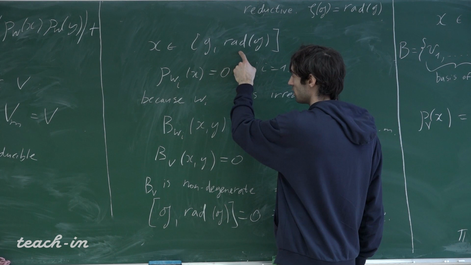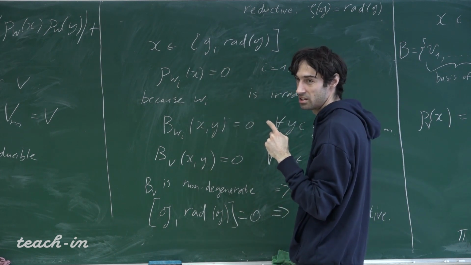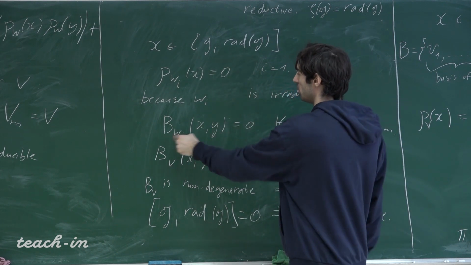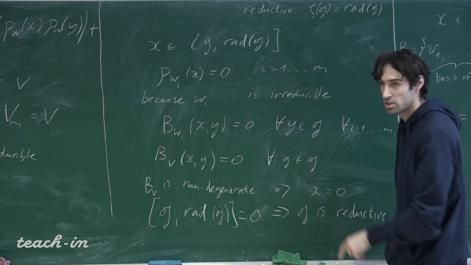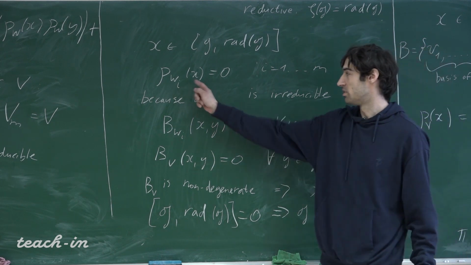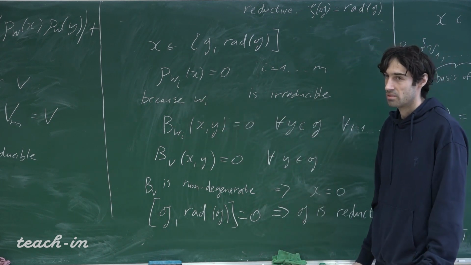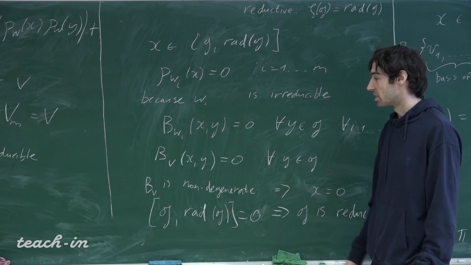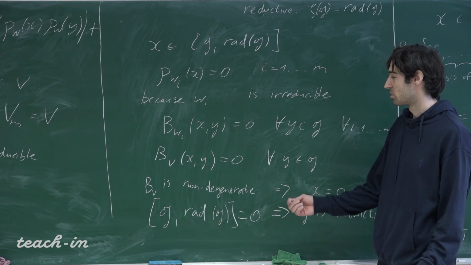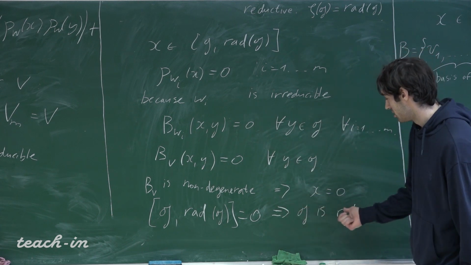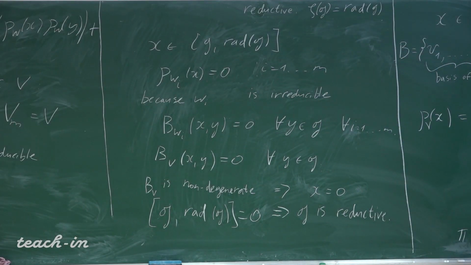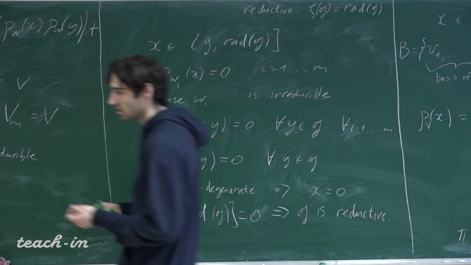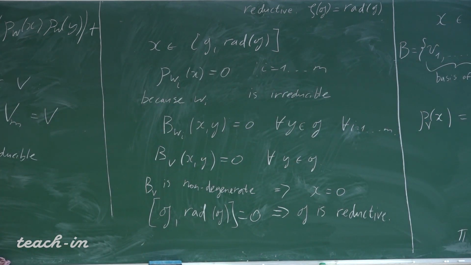Because in an irreducible representation x acts by 0. Then Bv of x, y is directly equal to 0 for all y in G, just because rho V of x is 0. But again, since we assume that it's non-degenerate, this means that x should be 0, so therefore G is reductive.